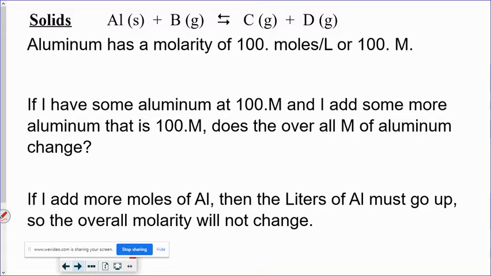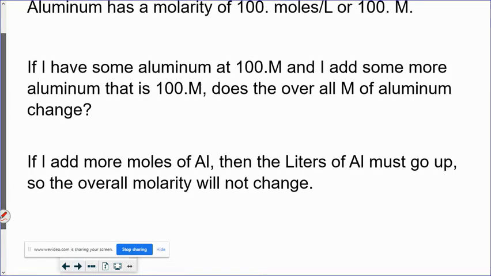So we are on the back side, I believe, at this point in time, and we have some aluminum. It says aluminum has a molarity of 100 moles or 100 molar. If you have some aluminum that is 100 molar and add some more aluminum that's 100 molar, does the overall molarity of the aluminum change?